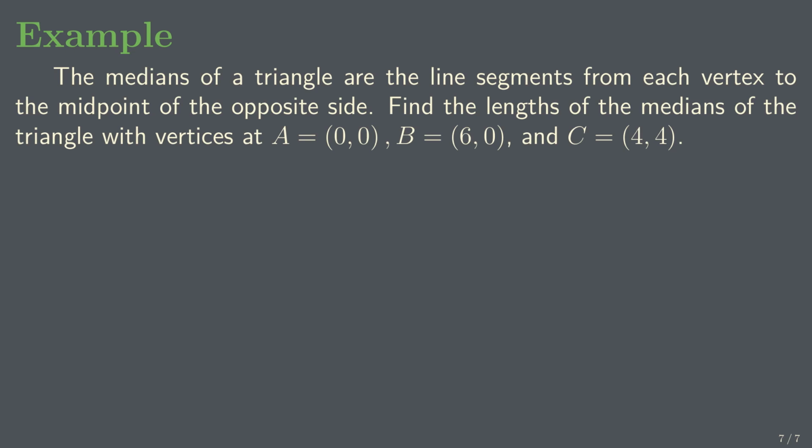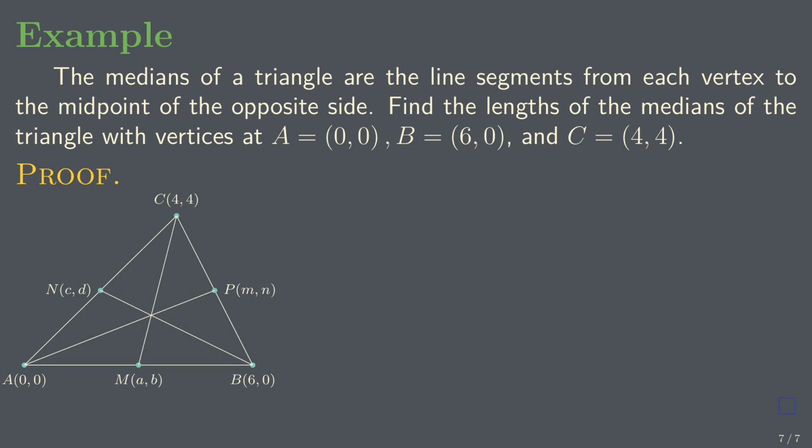So now we come to a specific example of finding the lengths of the medians of the triangle with vertices A(0,0), B(6,0), and C(4,4). Now let's take a look at the following figure. You have 3 points A, B, and C with given coordinates.